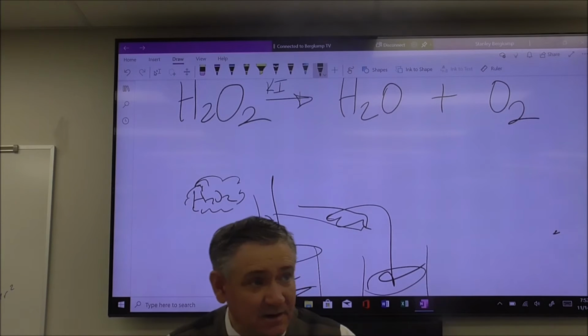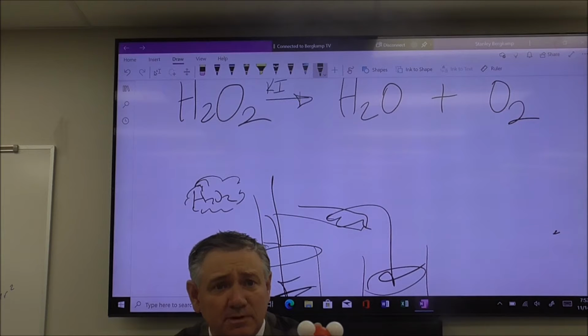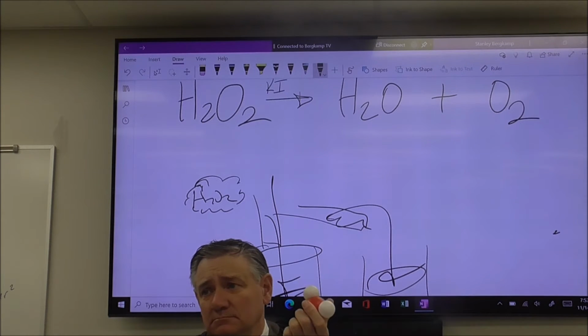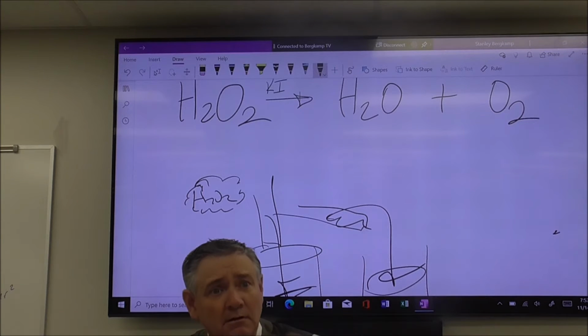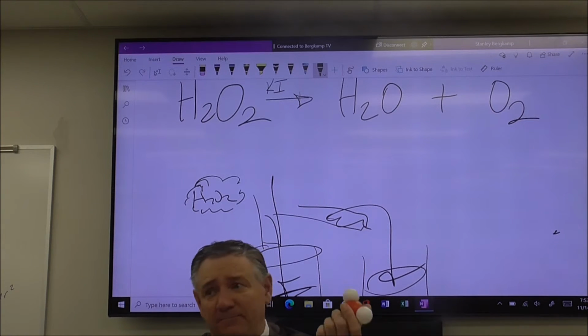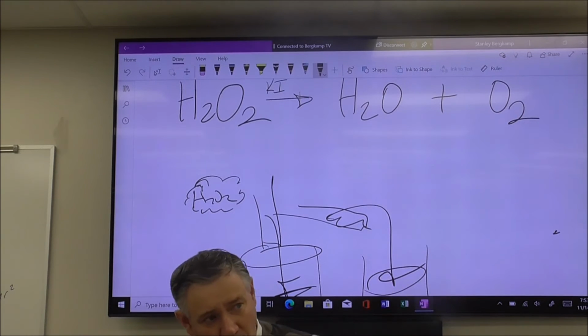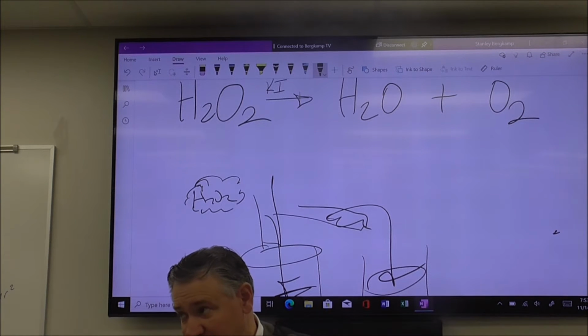Why do you think it makes a water molecule instead of an OH group? Why does it make water? Mother Nature is a lazy prima donna. Guess what the most stable form of hydrogen and oxygen is? Water. Which is why we have oceans full of water and not oceans full of hydrogen peroxide, because it's the most stable form.